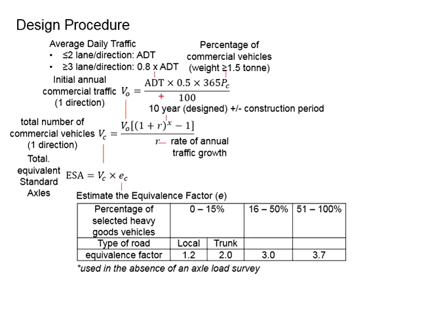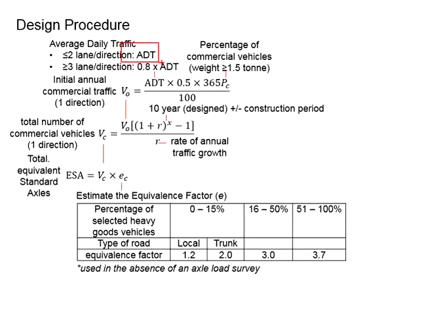We will need to calculate the initial annual commercial traffic in one direction, which is V0. Use these equations. The ADT provided is the daily traffic, as we need to calculate the annual commercial vehicles, it should be multiplied with 365 days per year.